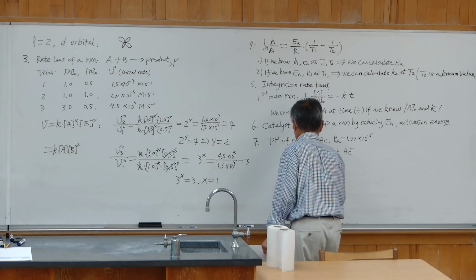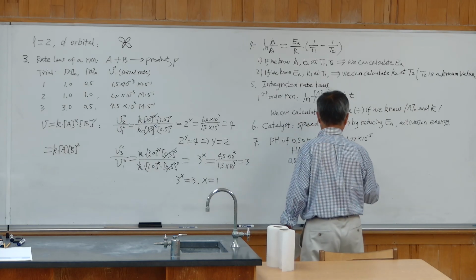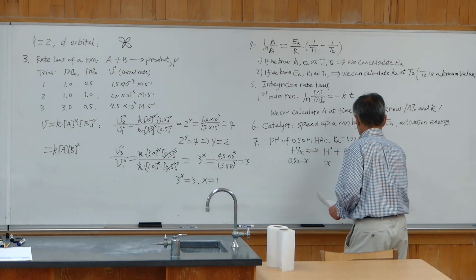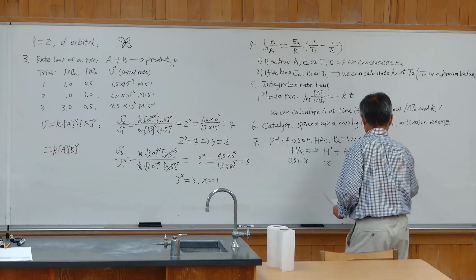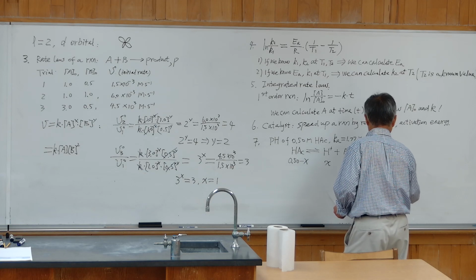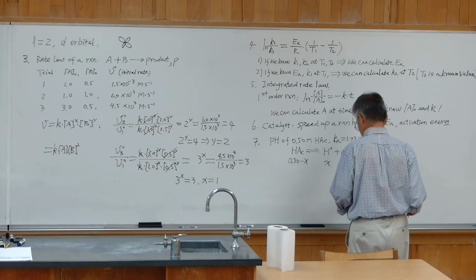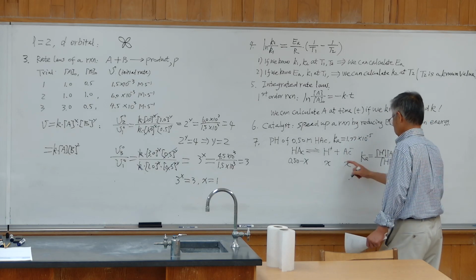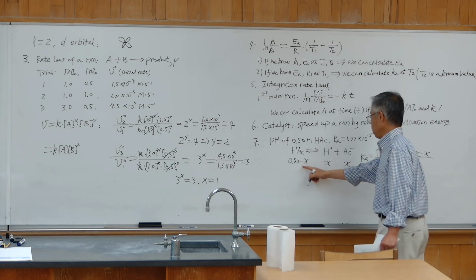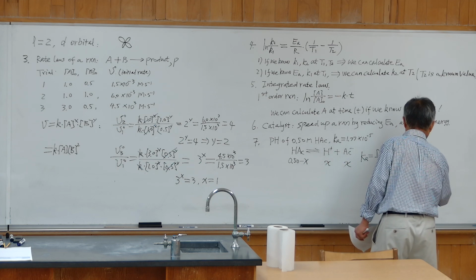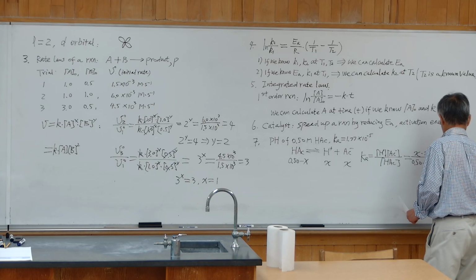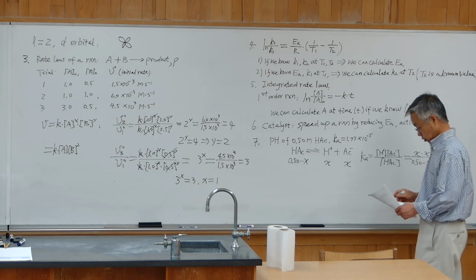If it breaks down X, it will generate X hydrogen and X of acetate. Then your Ka equals hydrogen concentration times acetate concentration divided by HAc, acetic acid concentration. So X times X divided by 0.5 minus X equals 1.77 times 10 to the negative fifth power.